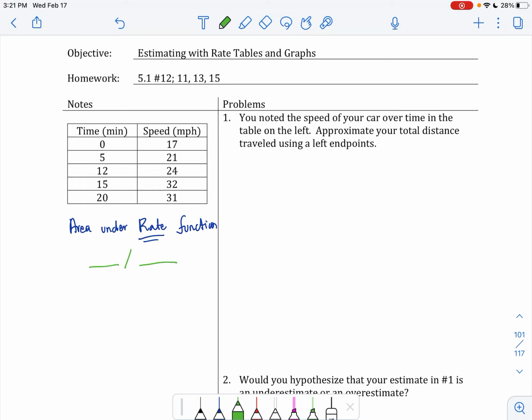So in this case, miles per hour. But if you have a unit like that as a function in a table like this, the area under that curve is equal to the amount, you can think of as finished, produced, completed, in this case traveled, if it's a speed.